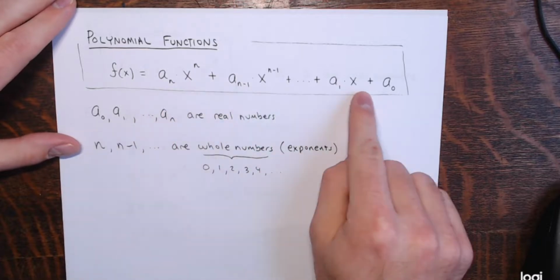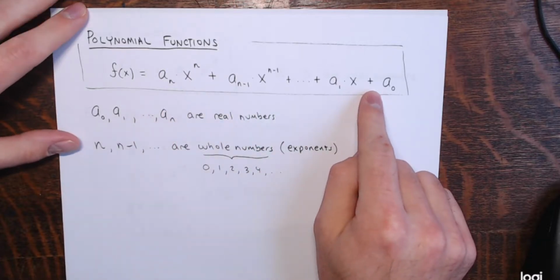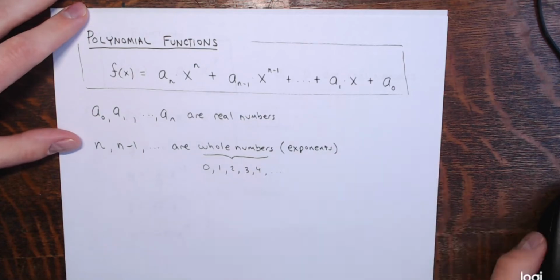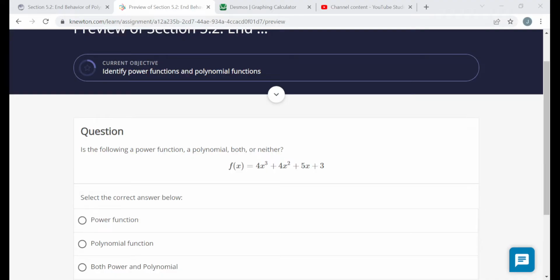But again, all the powers, all the exponents have to be whole numbers to be considered polynomial. So that's what we have here, right? All four of these terms, 4x cubed, 4x squared, 5x, 3, are a number times a variable to a whole number power. There's no negative powers, no fraction powers, no decimal powers that aren't whole numbers.